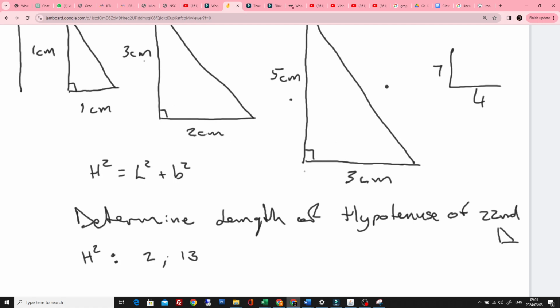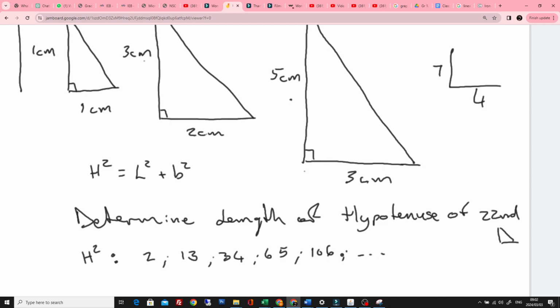So my hypotenuse for the third one would just be 5 squared plus 3 squared. For the fourth triangle, it would be 7 squared plus 4 squared. And I can go on like that and say the next one would be 9 squared plus 5 squared.